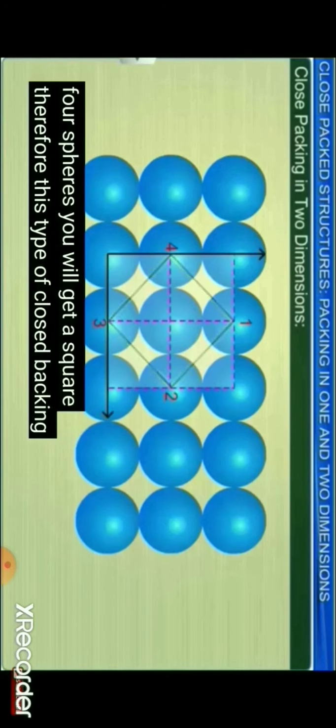Hence, the coordination number becomes 4. Also, if you join the centers of these 4 spheres, you will get a square. Therefore, this type of close packing is also referred to as square close packing.